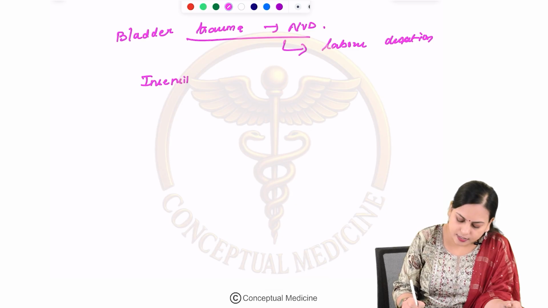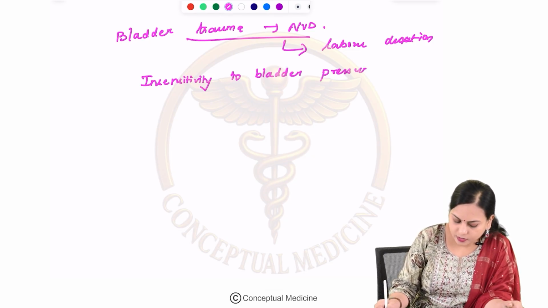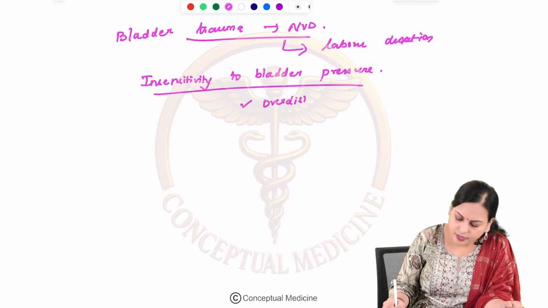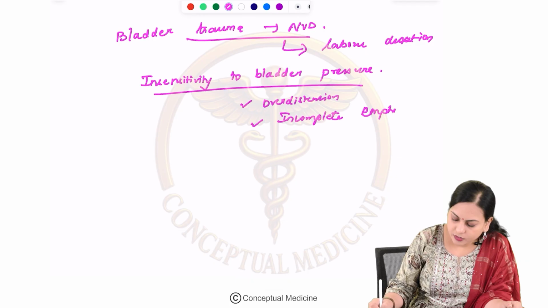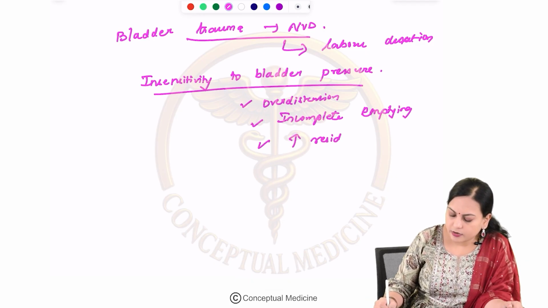Sometimes there can be insensitivity to bladder pressure as well, because there can be over distension of the bladder, or incomplete emptying of the bladder, or increased residual urine volume.